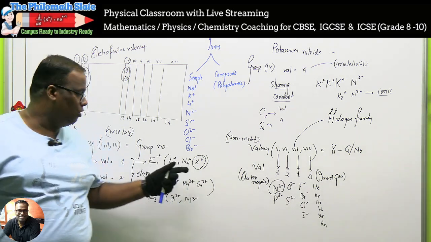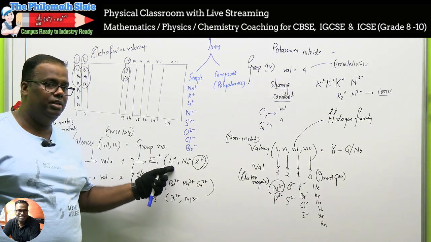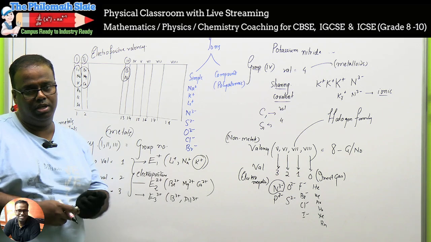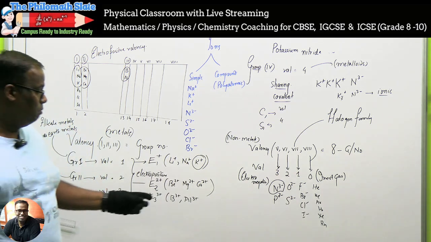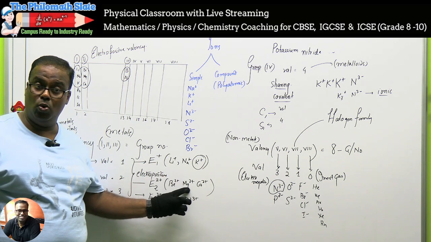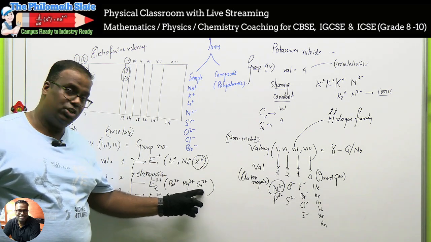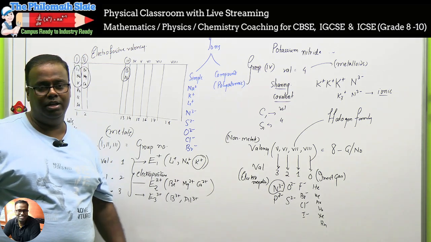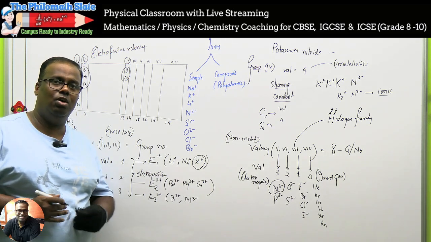Potassium ion. Look at me. Lithium ion, sodium ion, potassium ion बोलना जरूरी है. Ion बोलिएगा. Beryllium ion, magnesium ion. Magnesium, no, this is not atom. Calcium ion, boron ion, aluminum ion. Fine. Did you understand how I named them?